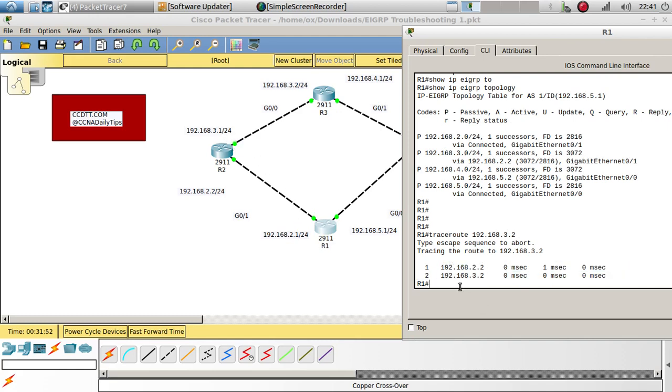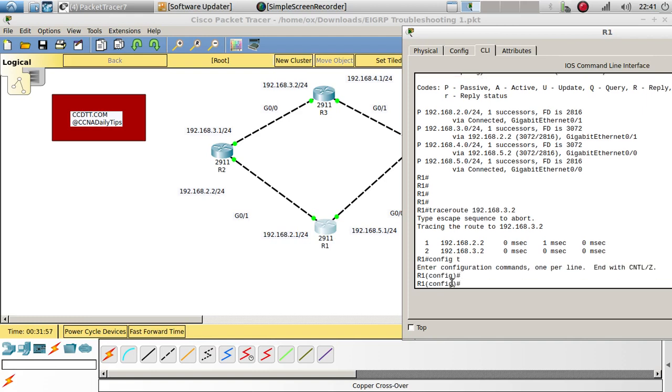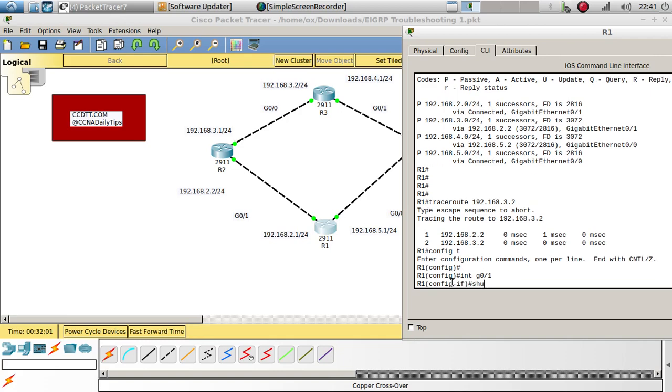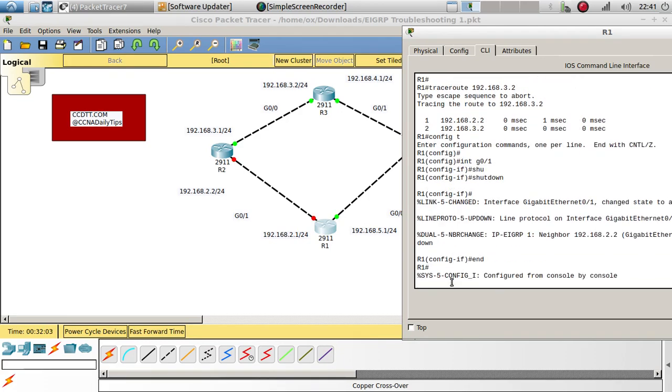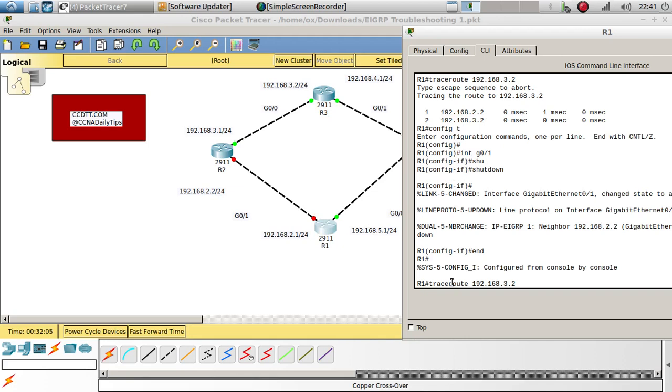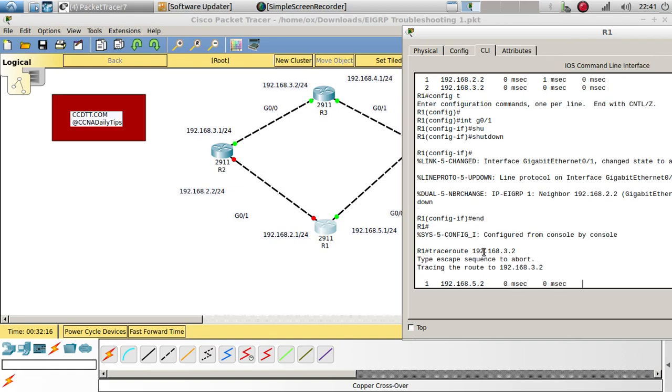But let's see, config T, interface gigabit 0/1, shut down, and let's see what happens, which is going to be the route that we are going to take if this interface is shut down. Let's see if we are still able to reach router 3.